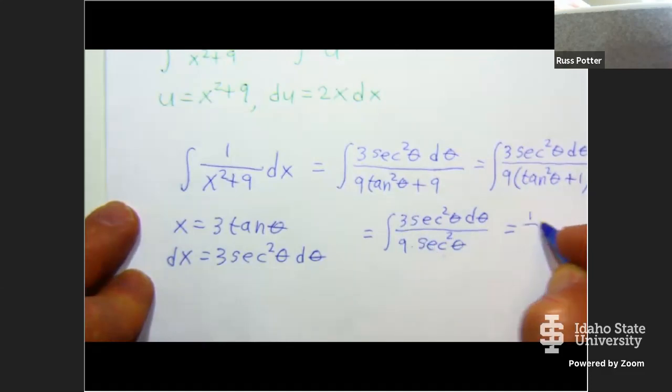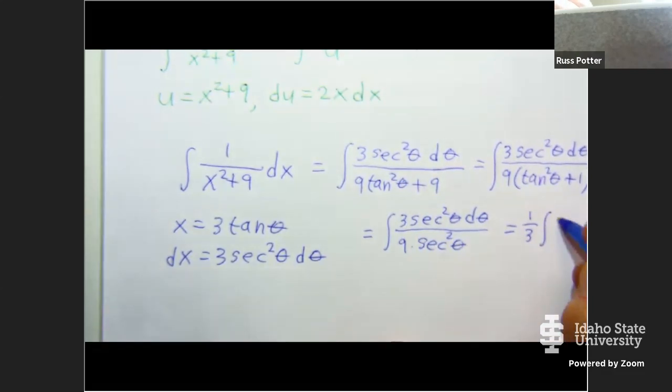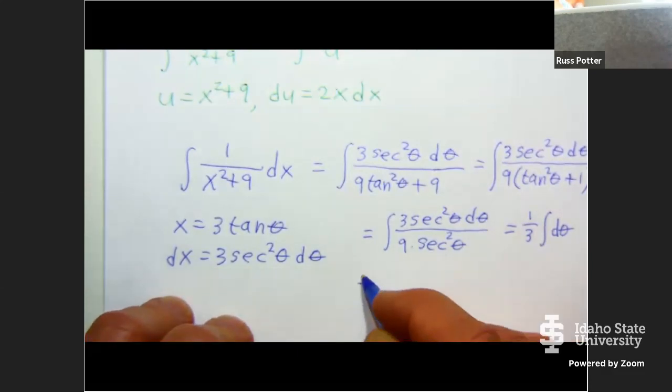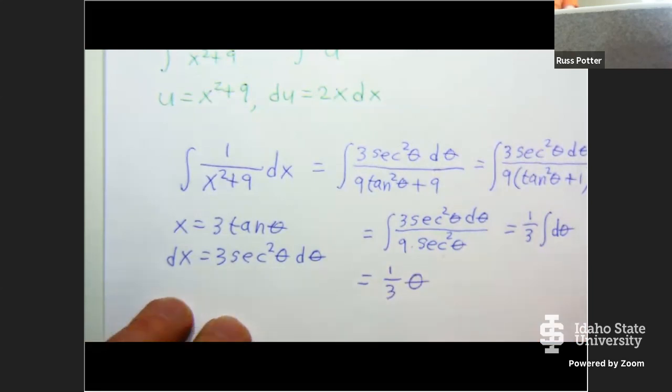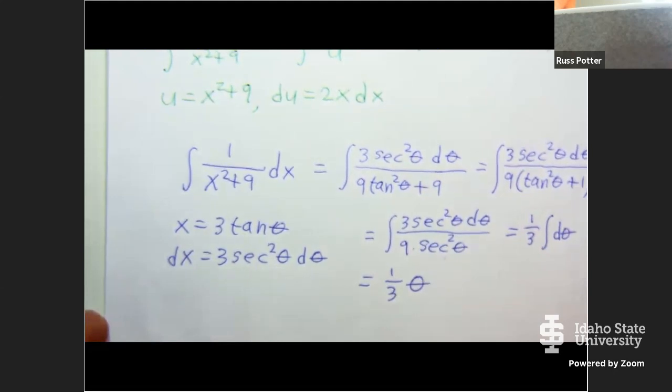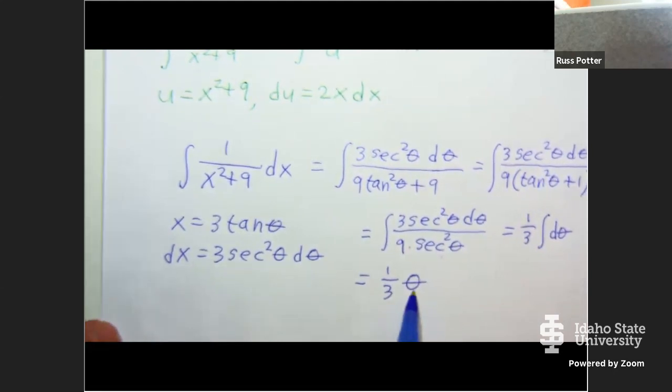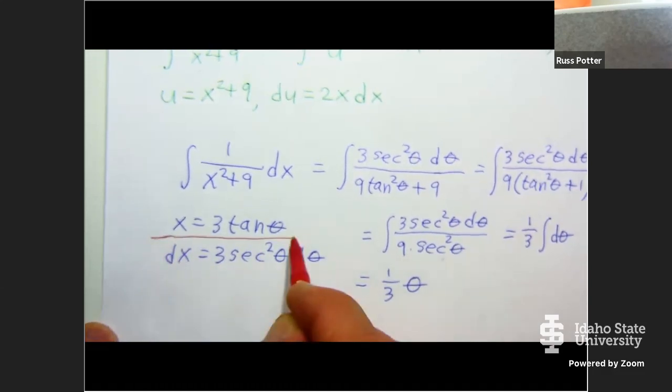So I get 1/3 times the indefinite integral of d theta. So we get 1/3 times theta. And we determine what theta is by our trig substitution.